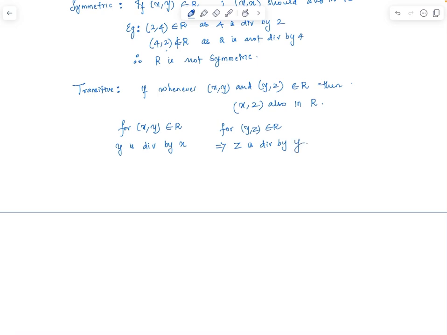So from these two statements, what we understand is z is divisible by x. That means (x, z) is in R. Therefore, R is transitive. Combining all the three results, R is reflexive, transitive, but not symmetric.